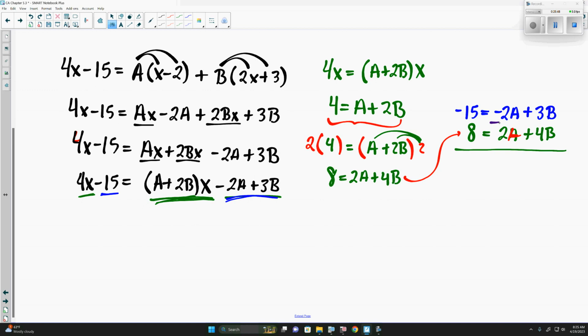If we subtract, negative 2a minus 2a would not be 0, it would be negative 4. So we would need to add. Because if the signs are opposite, we add. Because negative 2 plus 2 is the same as 2 minus 2, which is indeed 0.